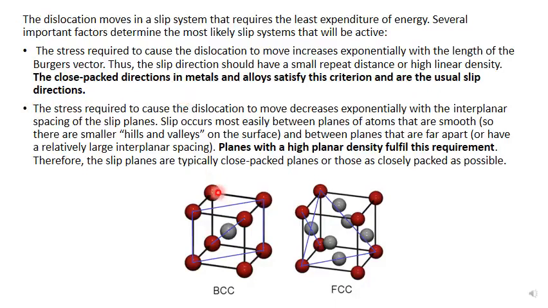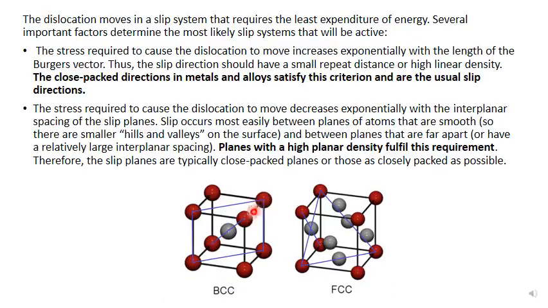What does that mean? That means the slip occurs preferentially on the close-packed direction, or on the direction with high linear density. Let's take BCC as an example.